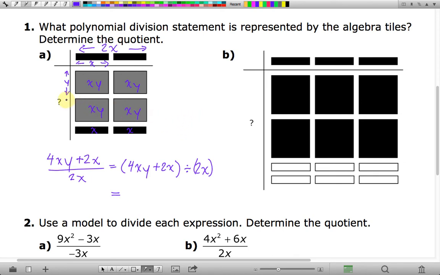And so likewise you also have to have y here to multiply y by x to get that particular tile. And the same thing applies across the other column of tiles here. And finally, if you want to get an x tile down here, then you have to multiply x by 1. So it looks like the quotient is 2y plus 1.